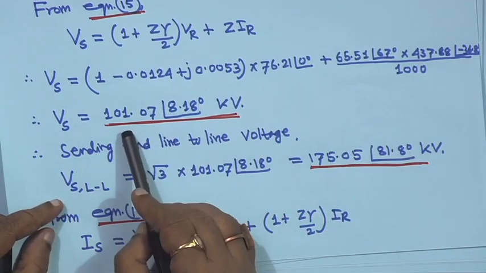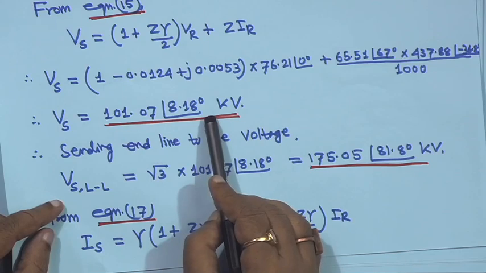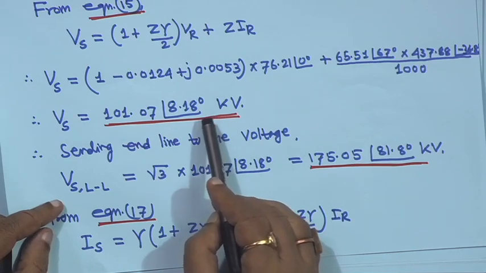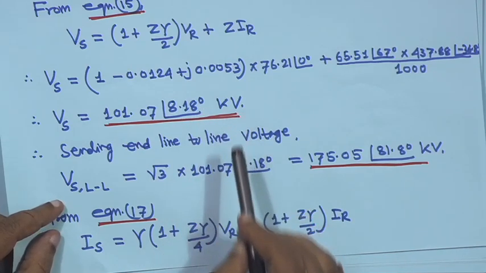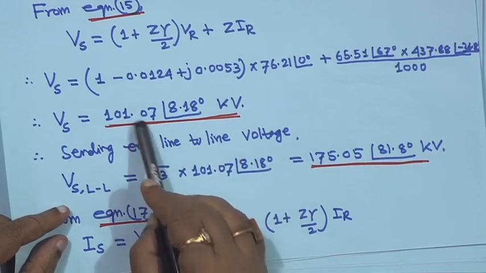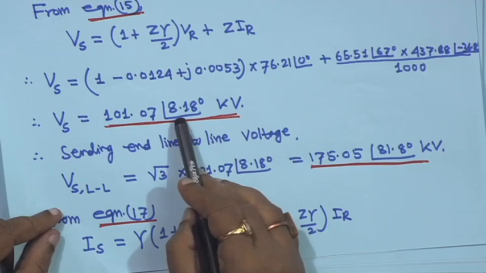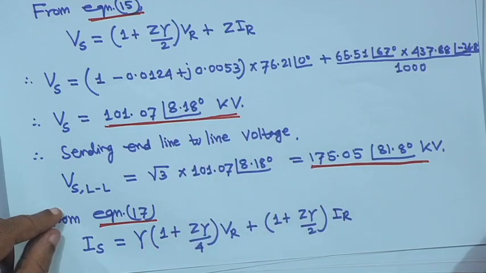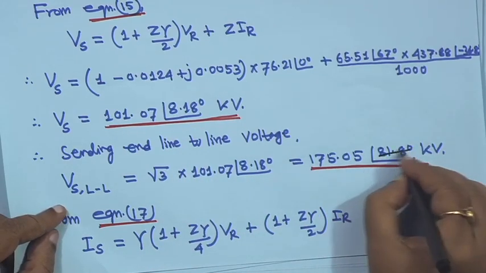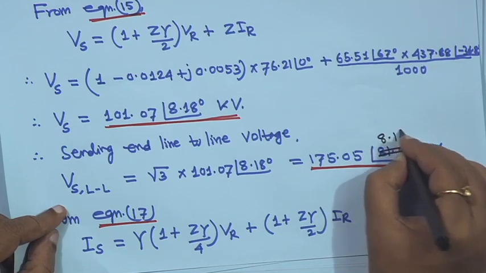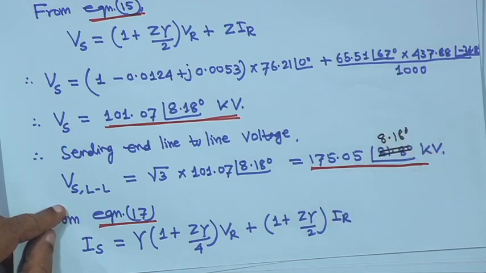So Vs is equal to 101.07 angle 8.18 degree kilovolt. Multiplying by root 3 gives the sending end line voltage, 170.05 kV. The angle is actually 8.18 degree; the earlier figure was my writing mistake.